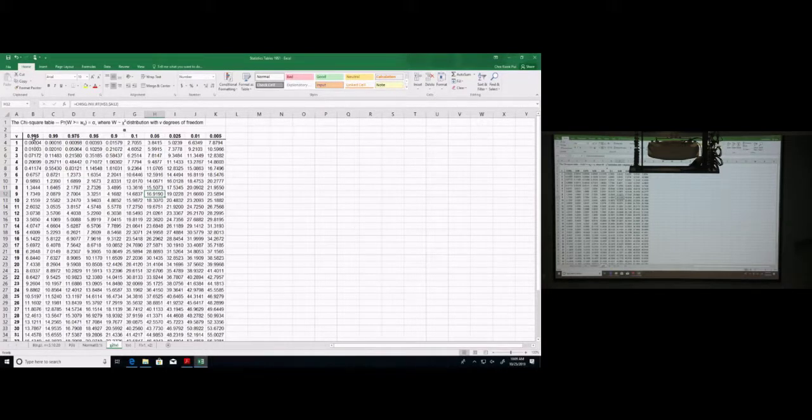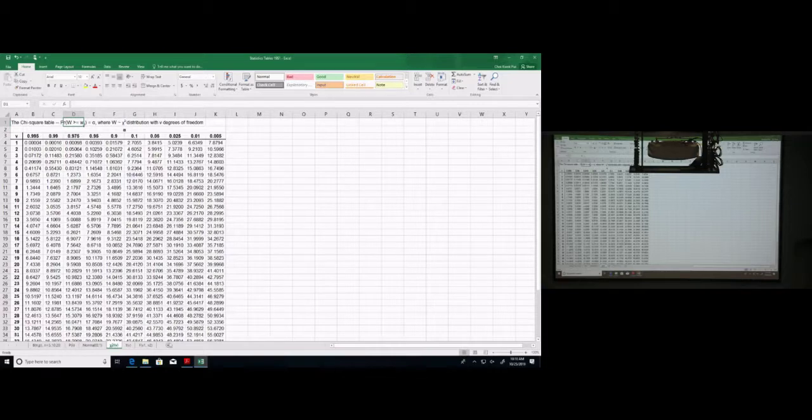So 99.5%, let me repeat it again, it is the upper tail. If the upper tail is 99.5%, that means the lower tail is only 0.5%. So you have to watch out for this, all right? And this is why it is arranged in this order, because the numbers are in increasing order here.